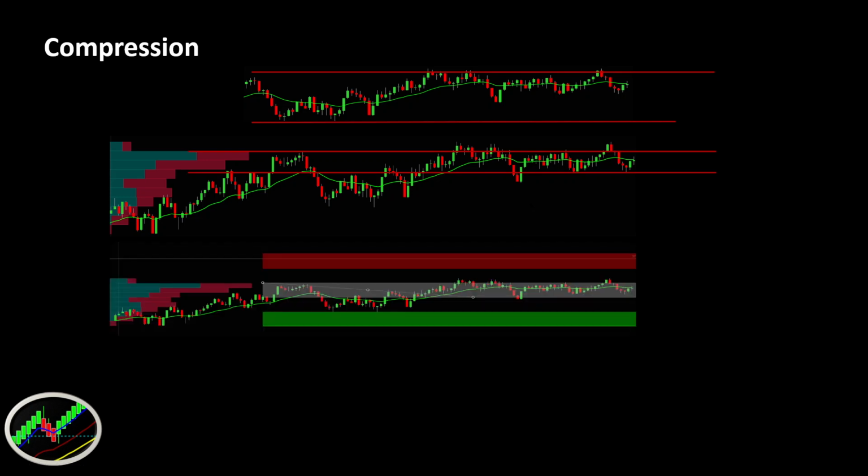So that is what I do. I go there and I mark my fib areas, and then I have this gray box in the middle, and this one is the magnet for me.